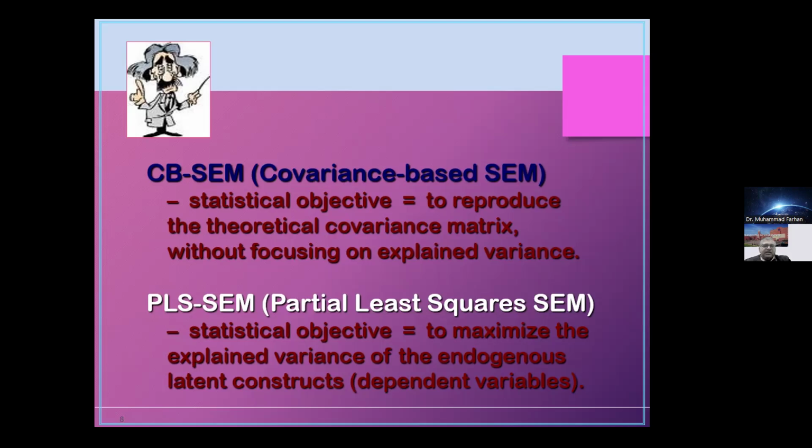We use items or indicators to measure them, and all those latent variables have a relationship with the dependent variable. The more we plug in those constructs, if that R square keeps on becoming higher and higher, this means our model robustness and explanatory power are increasing. So that's the basic difference.